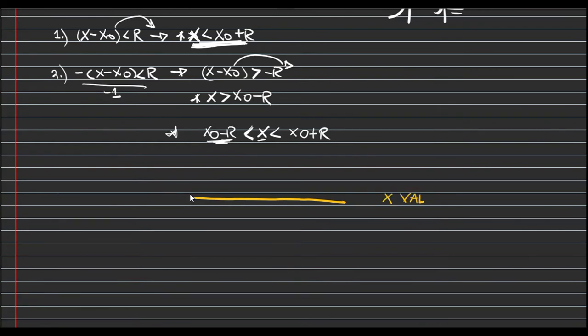So, yung interval natin, nasa in between x sub 0 minus r, tsaka ng x sub 0 plus r. Okay? So, ito yung interval na nagawa natin dun sa condition na yun. So, ano itong tawag dito? Ito yung tinatawag natin na interval of convergence.